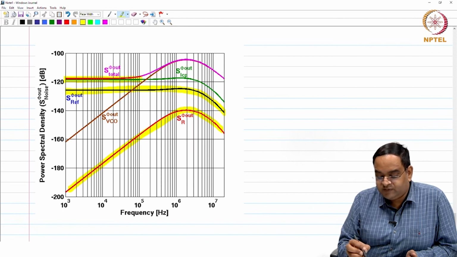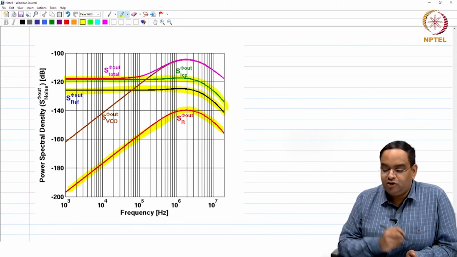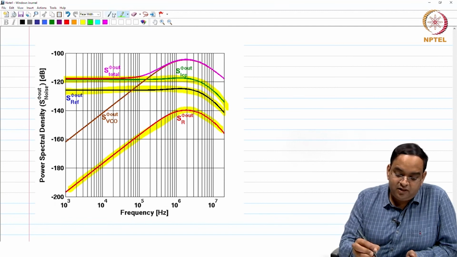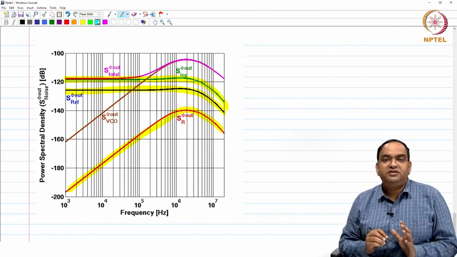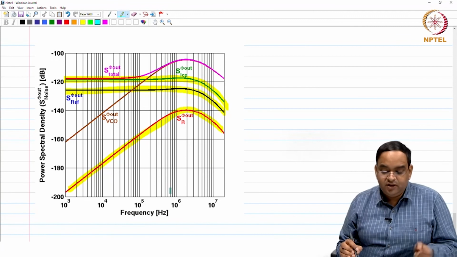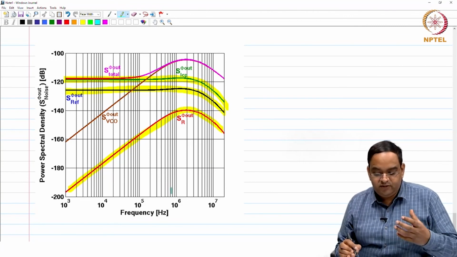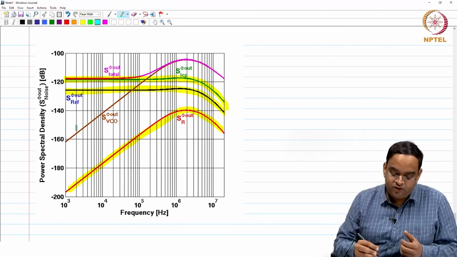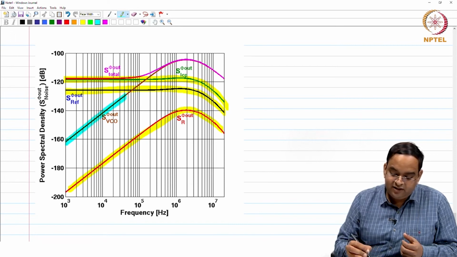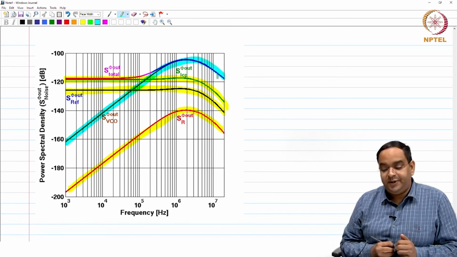So, the output noise spectral density of the charge pump is also low pass. Then you get the VCO. VCO is a little tricky part: the VCO phase noise is not white or flat, it has some transfer function. Whatever noise we have, we multiplied it with the noise transfer function, and it turns out that this noise appears to have a band pass characteristic here.